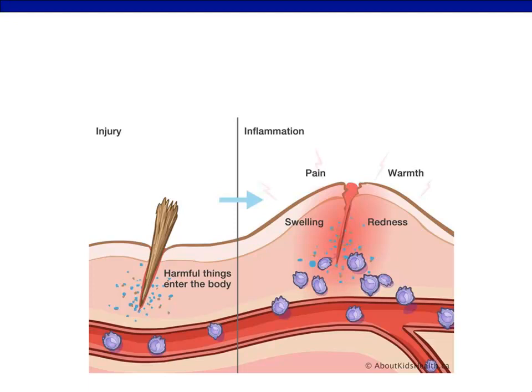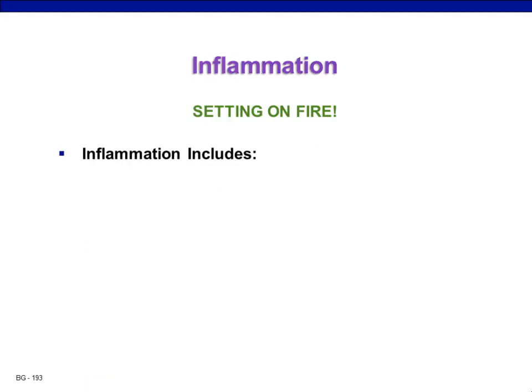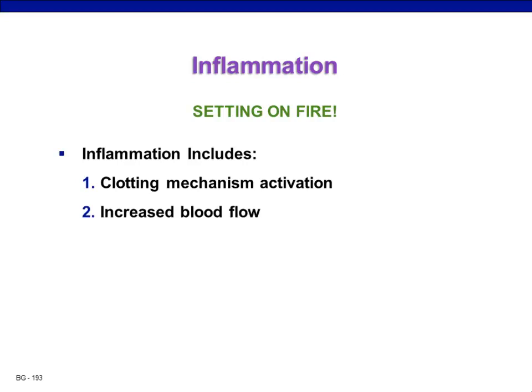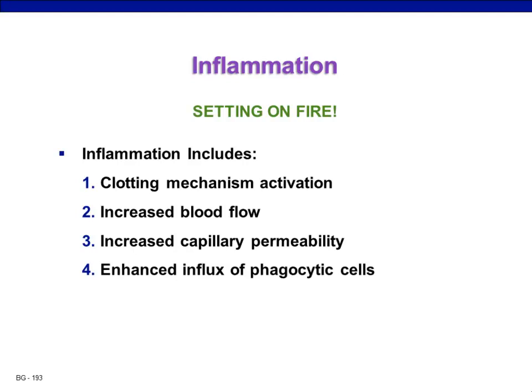Now, very simplified, what does inflammation include? It increases the clotting mechanism activity. It increases blood flow. We increase capillary permeability. This is how it gets those immune cells out to the area that got damaged.